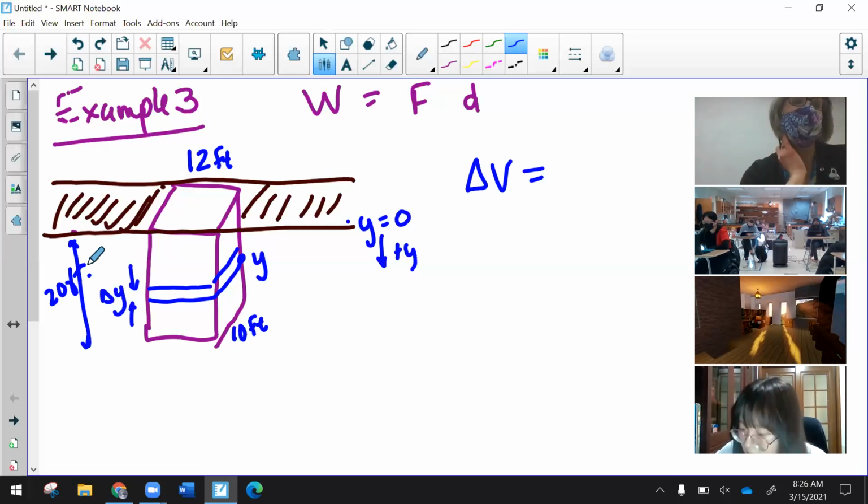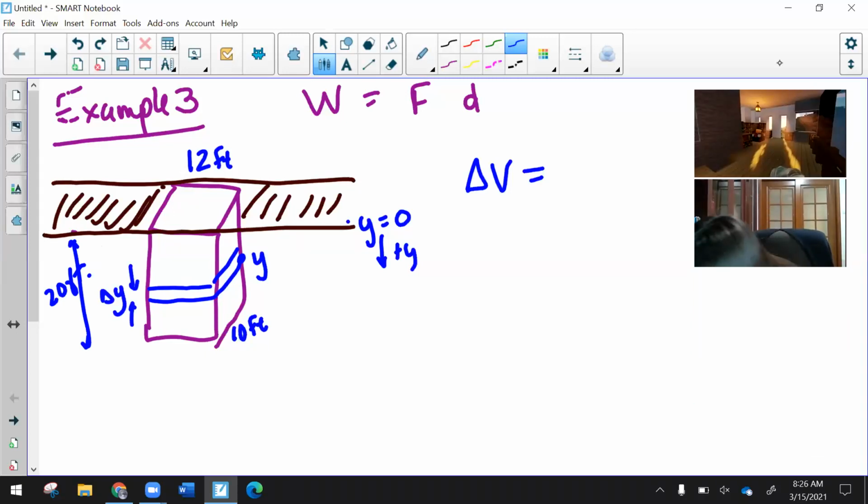So how do I find the volume of a rectangular solid? Go ahead, Fiona. Base and height.